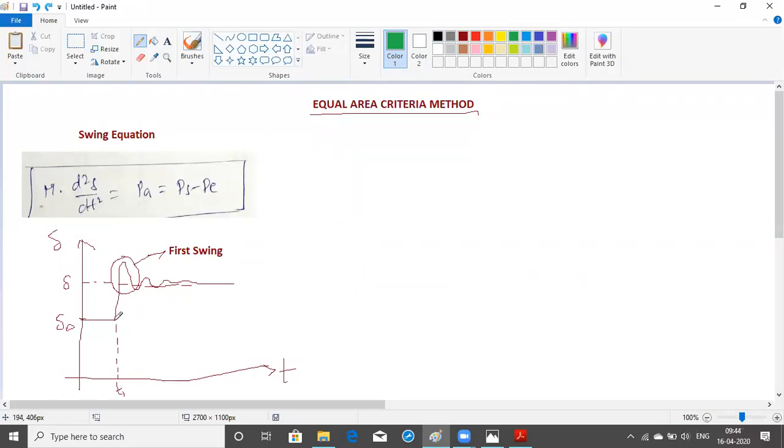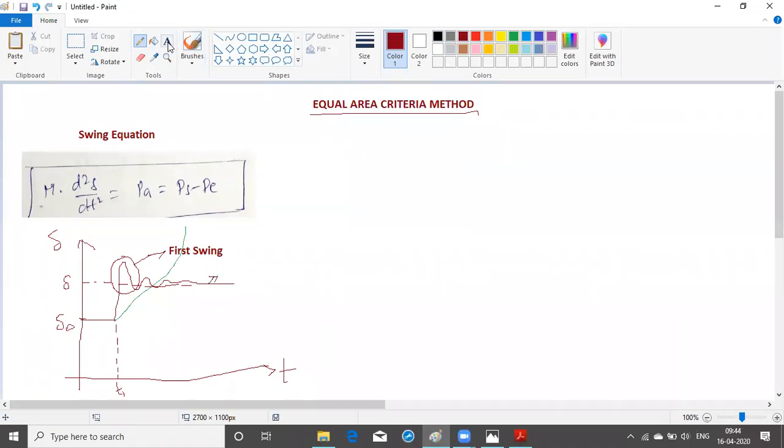This is for the stable condition, and this is for the unstable condition. The green color indicates the unstable condition. The red color indicates the stable condition. Here, this is only for stable. It returned back to the stable operating point.